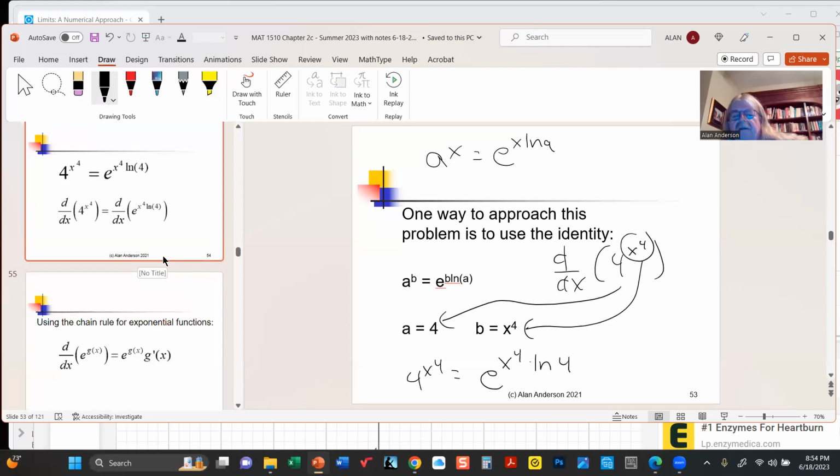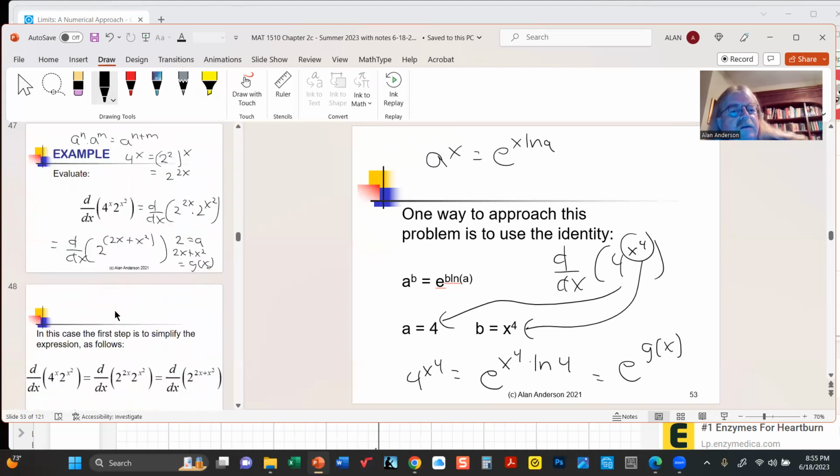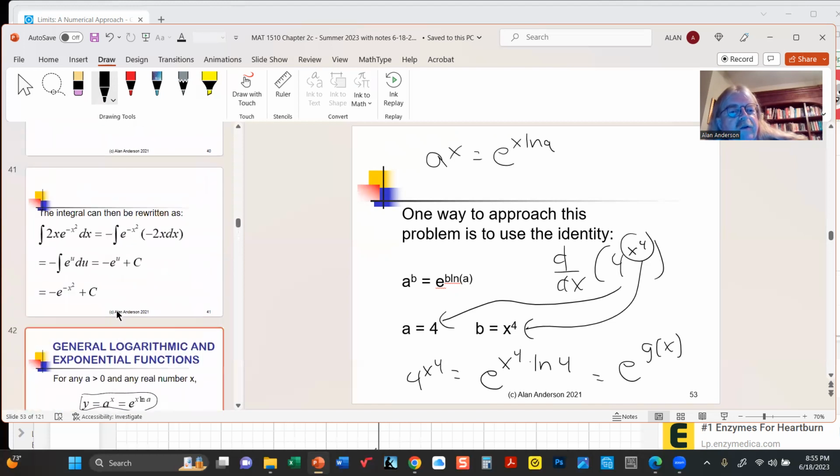Now, how does that help us? Because now always remember that this ln 4 is just a constant. So we've reduced this to e to the g of x power. That one we've seen before many times. All right, let's go back and grab that one.